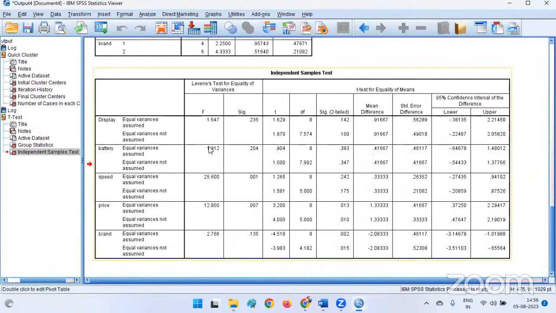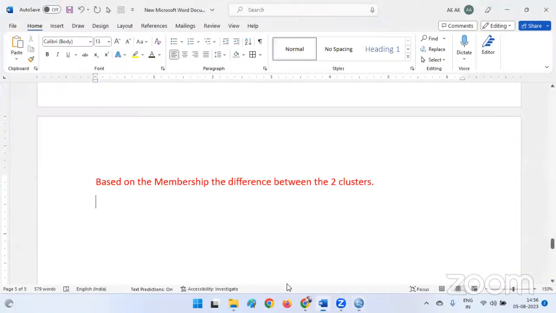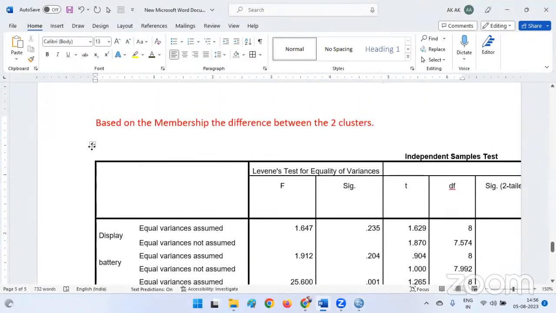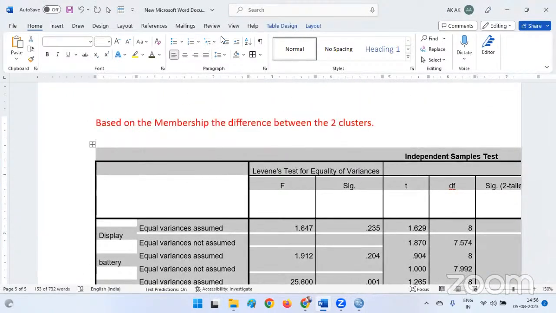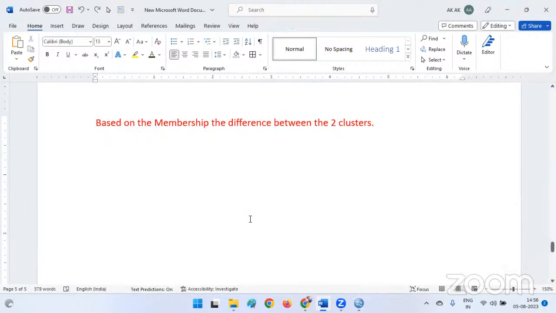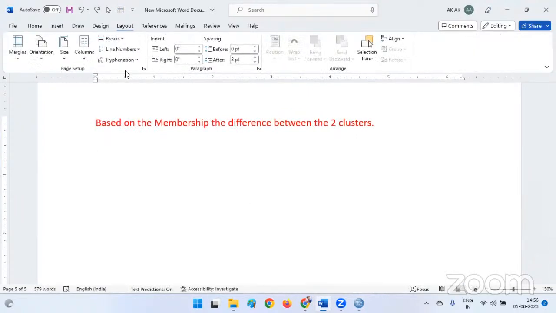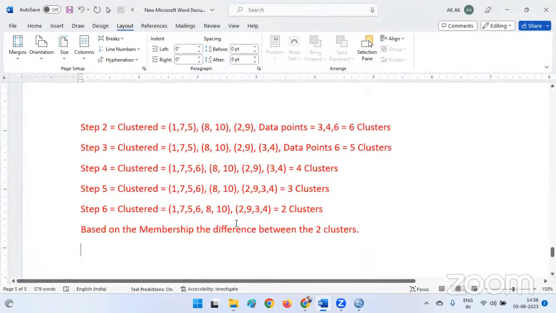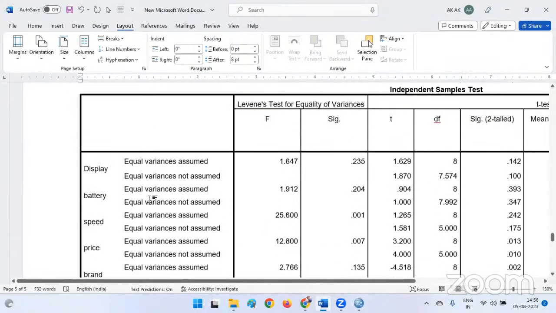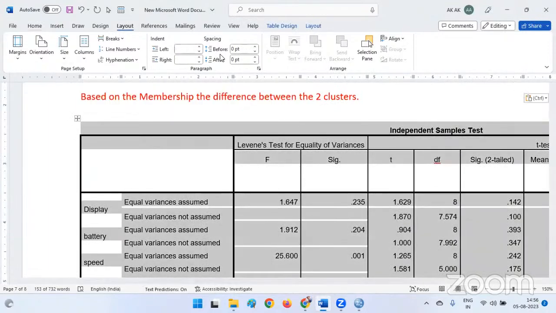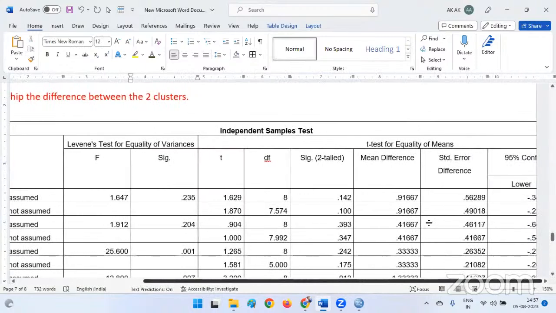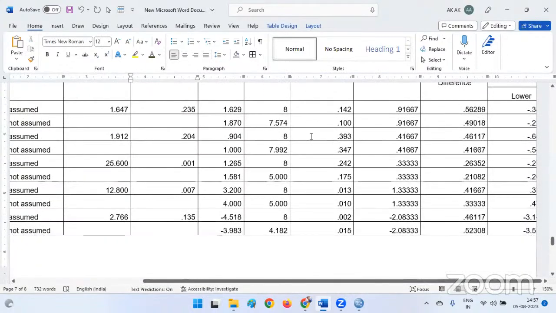Now this is the result. I'm more interested in the significance value.